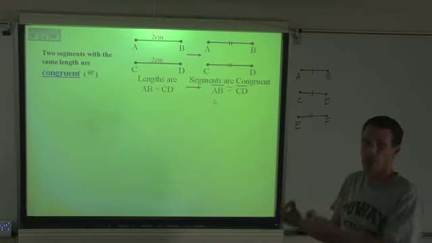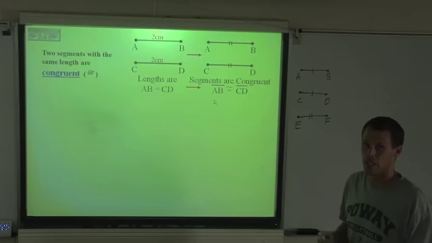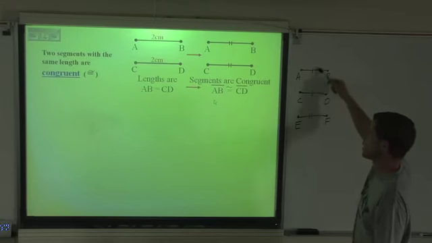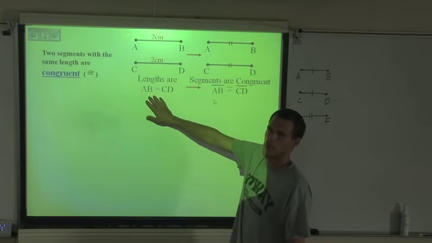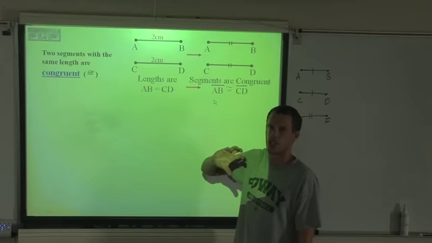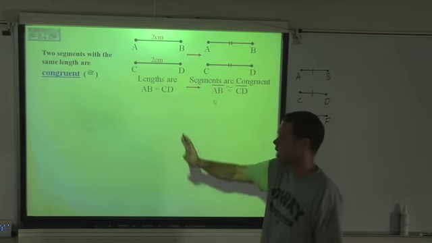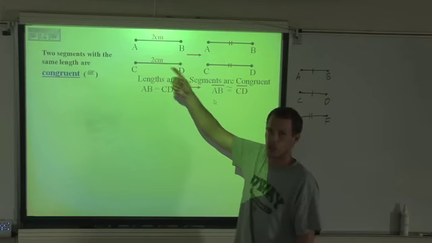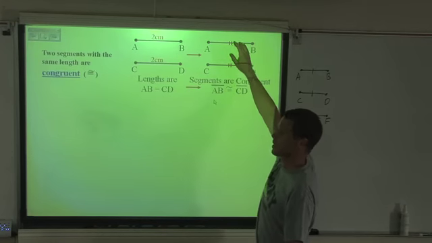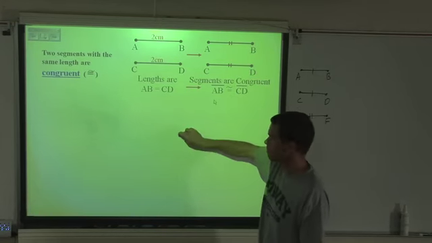EF is implied here to potentially be different. It's not saying it's a guarantee it's different, but we can guarantee these are the same. So, lengths are equal, segments are congruent. This is just how we speak and how we read through things. Numbers are not congruent. Numbers like 2 is equal to 2. This segment is the same shape as that segment.